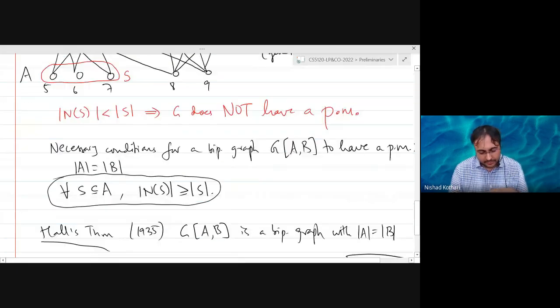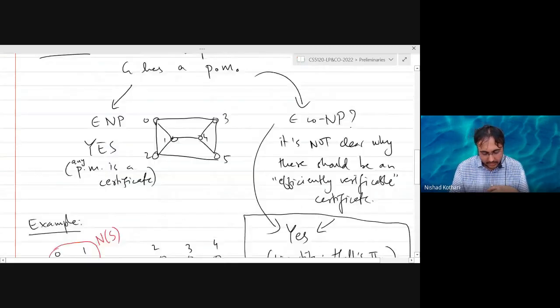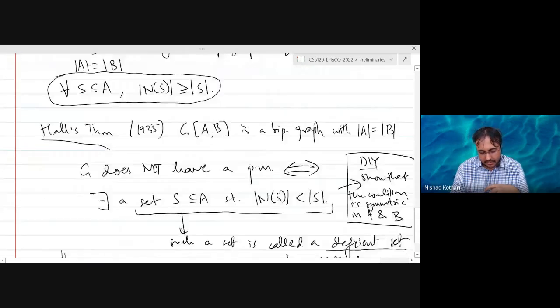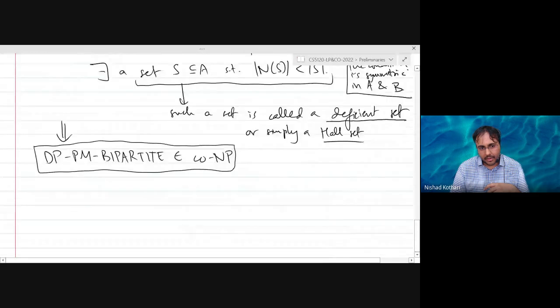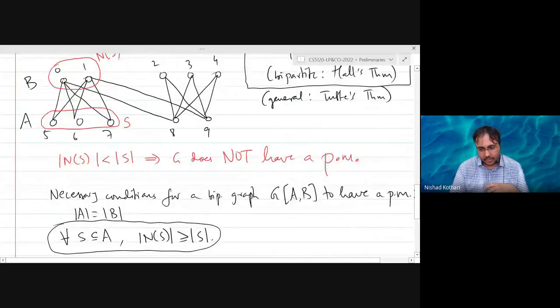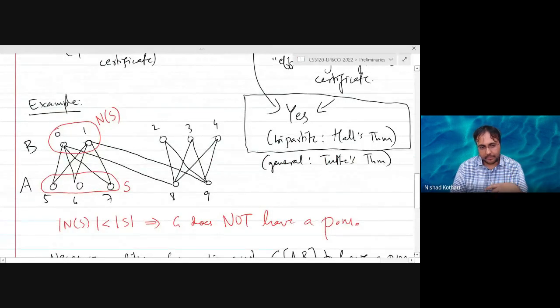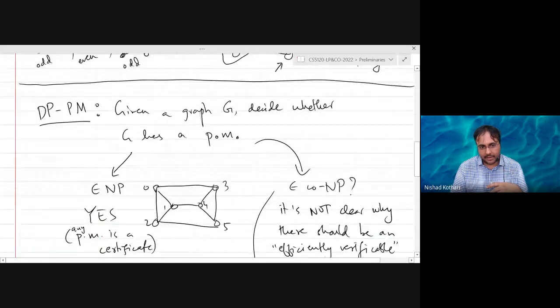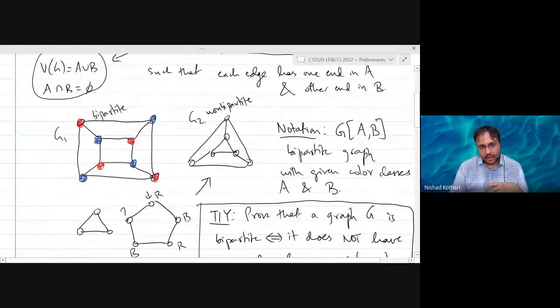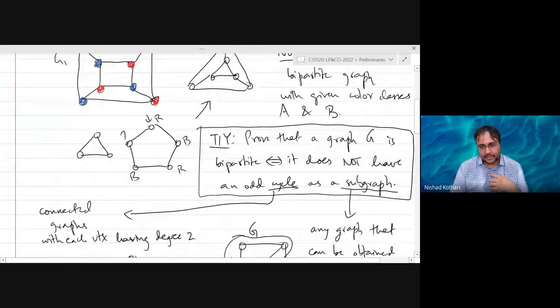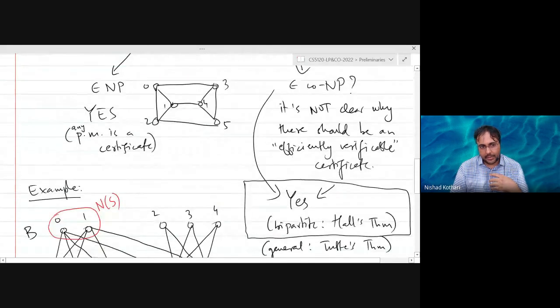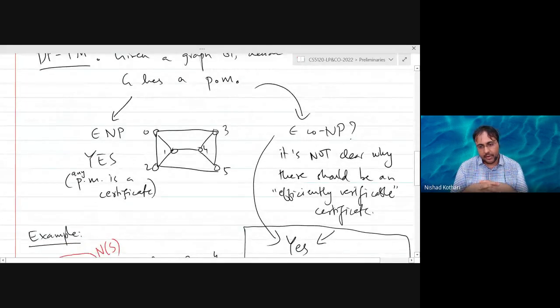Okay, so I hope that after this discussion, this NP co-NP business is a bit clearer. But if it's not, this is a good time to ask. Or you can send me a message and we can find a time to discuss it further. I personally feel that having this viewpoint of NP co-NP is very useful in appreciating the material better.